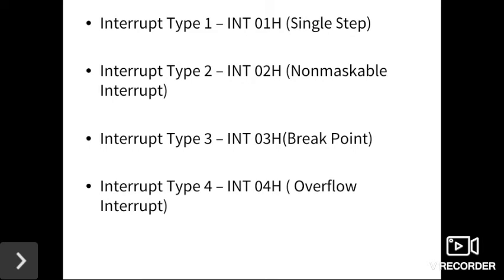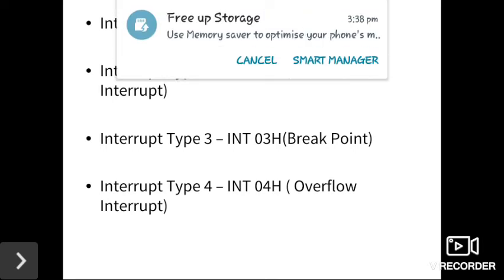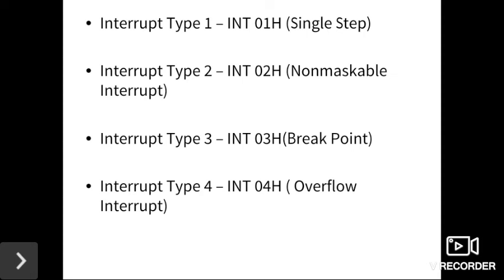Then the next one is interrupt type 3, INT 03H, breakpoint. This is generated by the execution of the INT 03H instruction. This interrupt is used to implement the breakpoint function in a system.